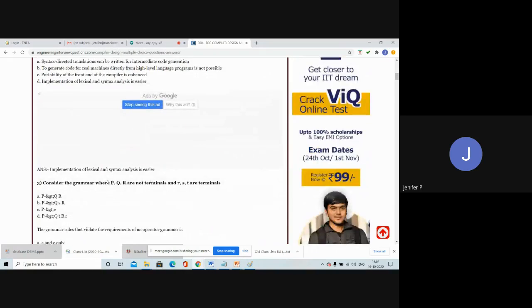In the front end only the analysis will be there. So the implementation of lexical and syntax analysis is easier. That's why most of the errors will be encountered and rectified in the analysis phase itself. So the answer is this one, that is implementation of lexical and syntax analysis is easier.